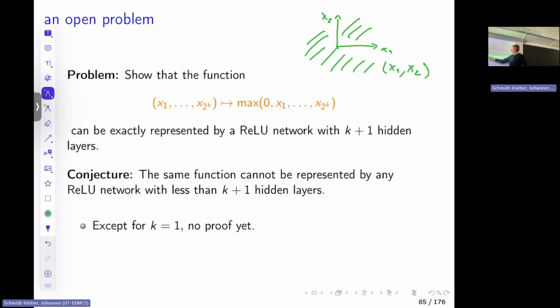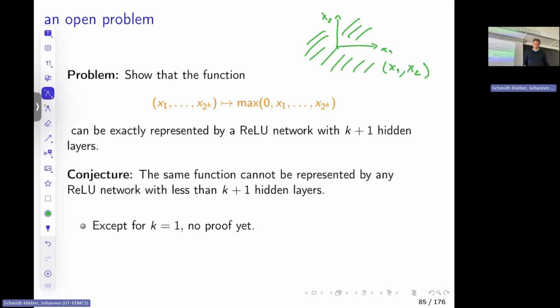That you need at least 2 hidden layers for that. But once you go to k=2, there's no proof that 2 hidden layers is not enough for just x1 to x4, right? If k=2, we have 4 inputs, to compute the maximum, can you represent that with a 2 hidden layer neural network, where you can take any finite size for the width, whereas it's then easy to show that with 3 hidden layers it is possible.